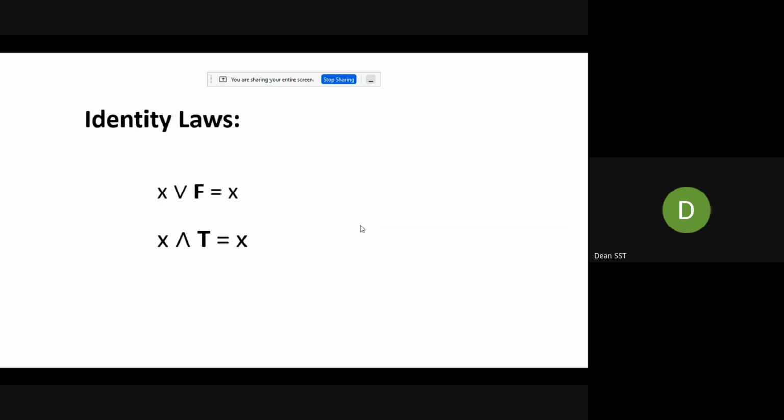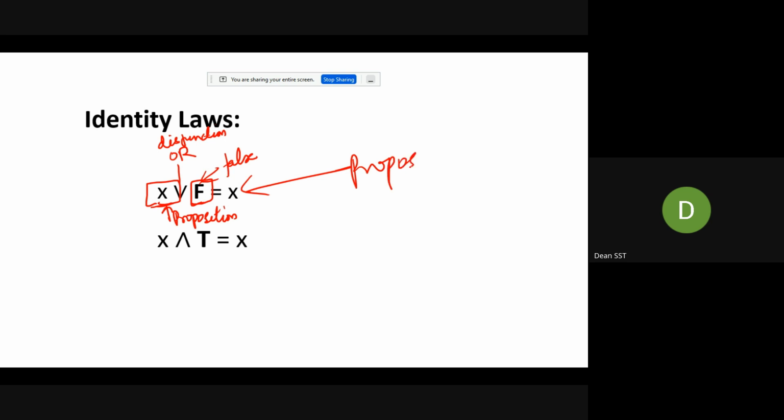Identity law. Here x is a proposition and F is the false value. When ORing, that is disjunction, is done of a proposition with a false value, the result is always the proposition. For example, if we take x as 0, the result will be 0. If we take x as 1, the result will be 1.